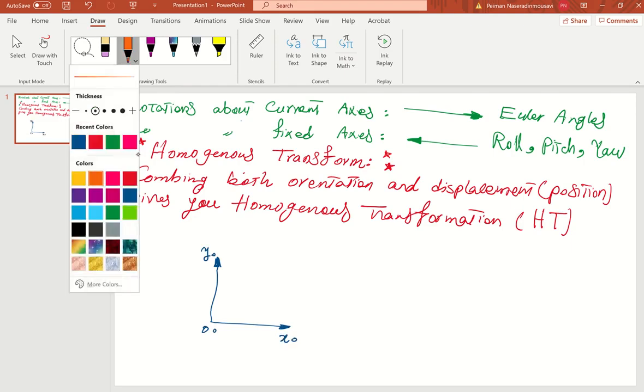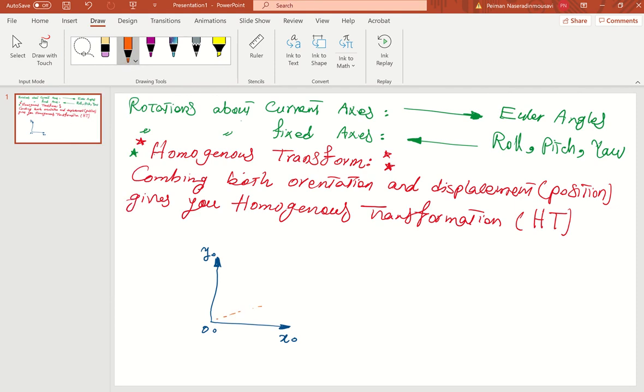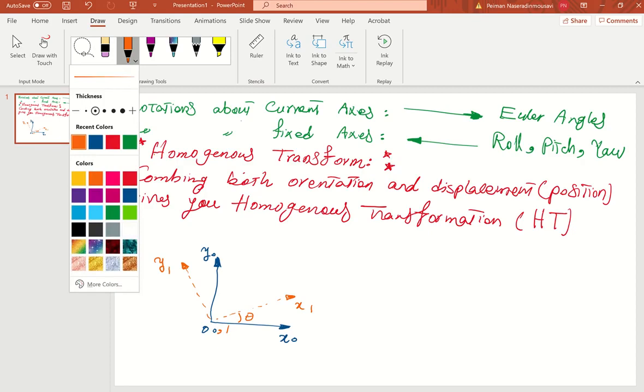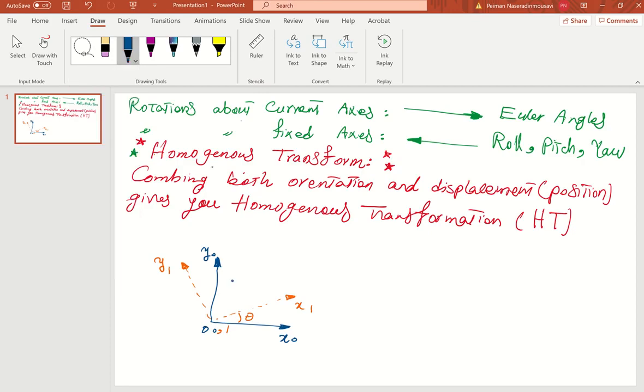For the first rotation, we are rotating this by the angle theta, and what you get is X1 and Y1, and this is obviously O1, with this angle theta. If we assume originally we had a point P1 on the fixed frame, after rotation it's going to come here, and that's P2.